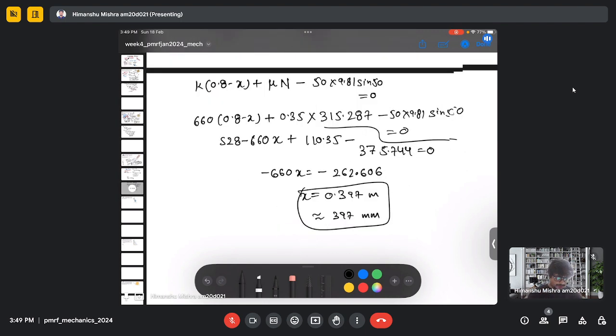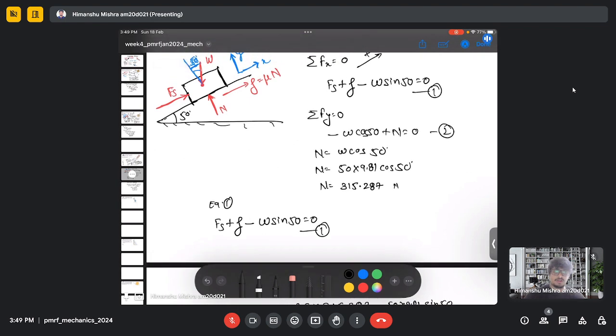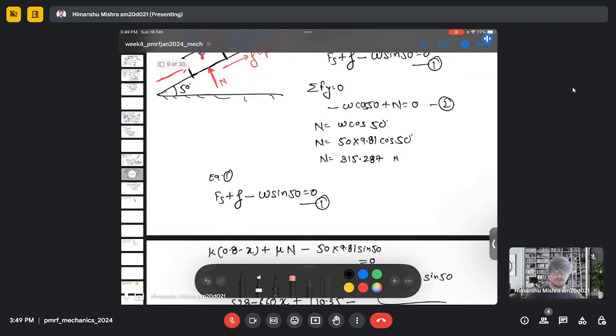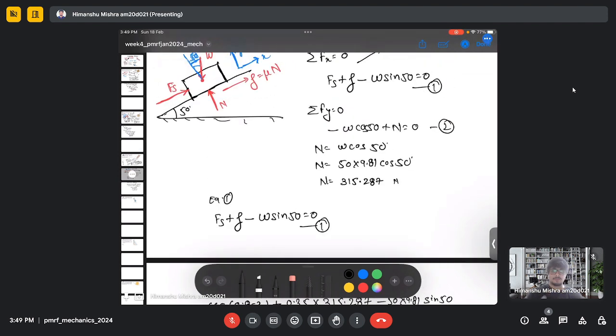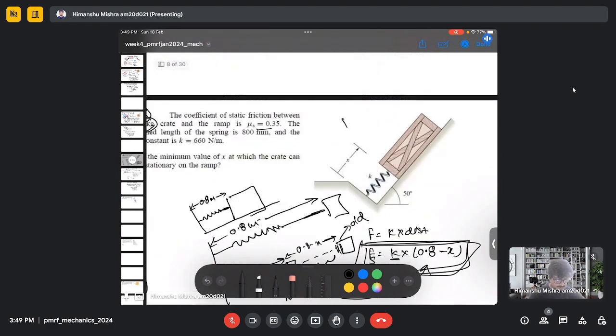So again we use the same principle, force balance principle. In the last question we actually found the coefficient of friction. Here we found the distance where the position of a block will become stationary. So we do the force balance due to the friction force, the spring force, normal reaction as well as the weight.